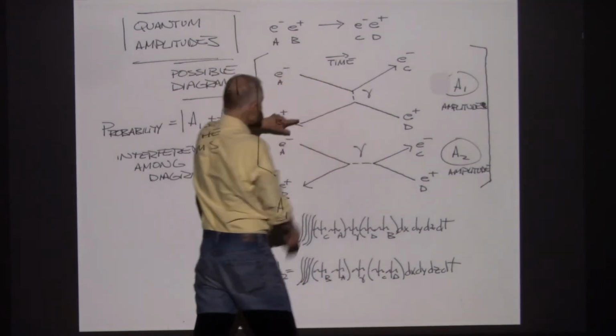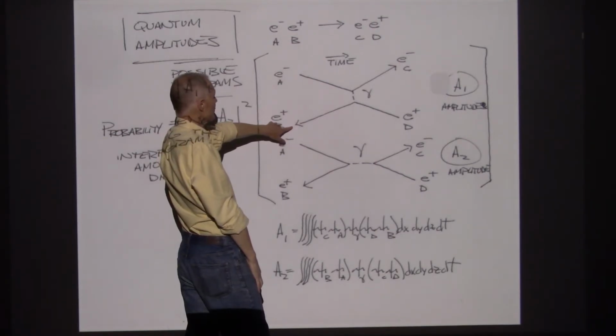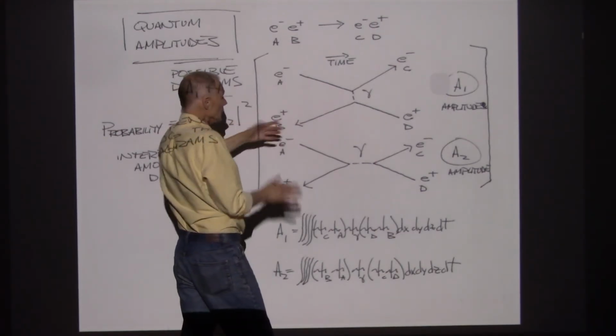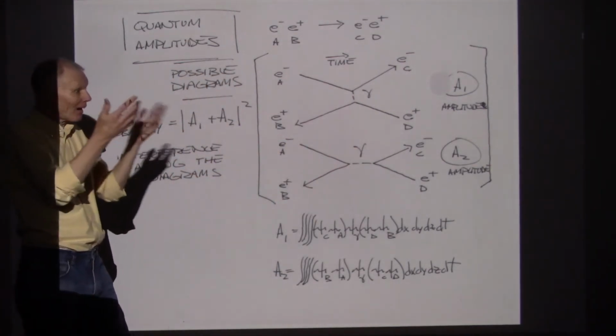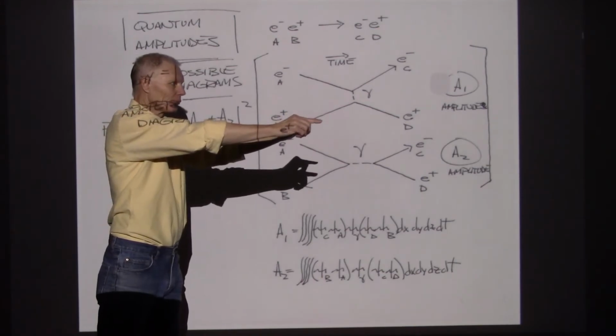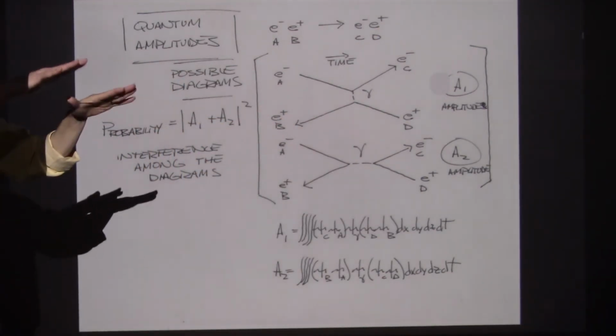anti-electron coming in. Now this gets to be a little confusing because we've got the arrows backwards to indicate this is an antiparticle. But what these diagrams are designed as is time. I've drawn the diagrams with time going left to right. I'm more familiar with that convention rather than from bottom to top.